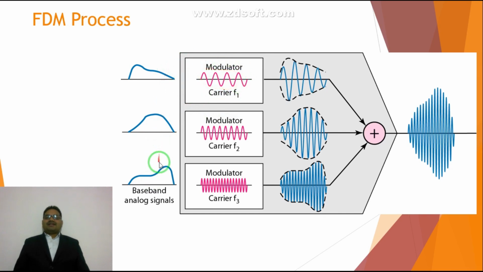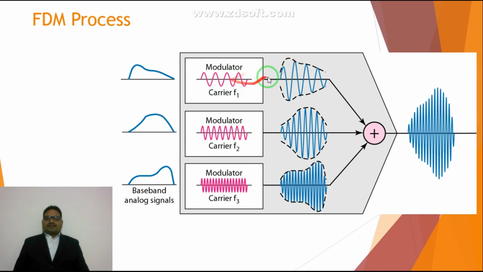There are 3 signals, so we require 3 modulators. Each modulator is tuned to a different carrier frequency. Modulator 1 is tuned to carrier frequency F1, this is F2 and this is F3. You can observe that the frequency of F3 is greater than F2, and the frequency of F2 is greater than F1.